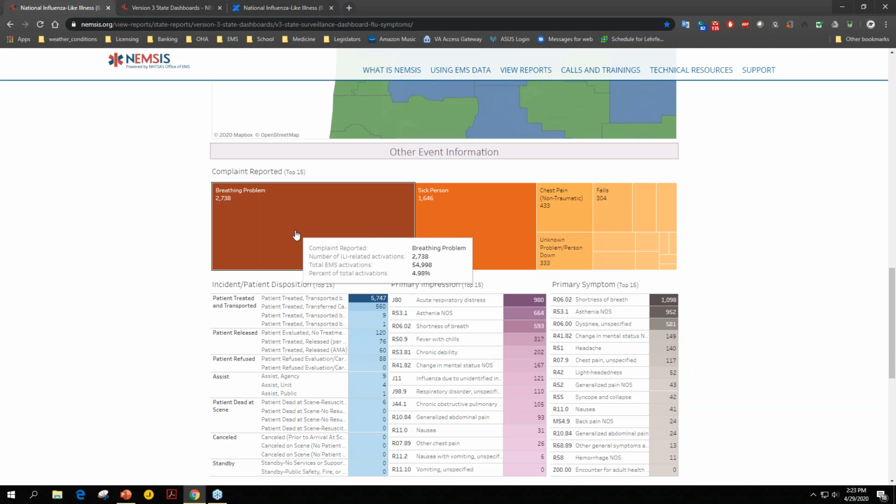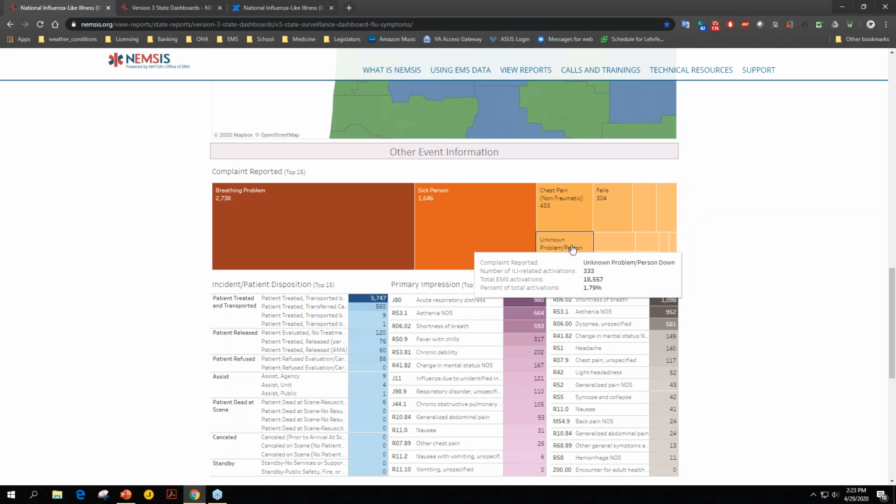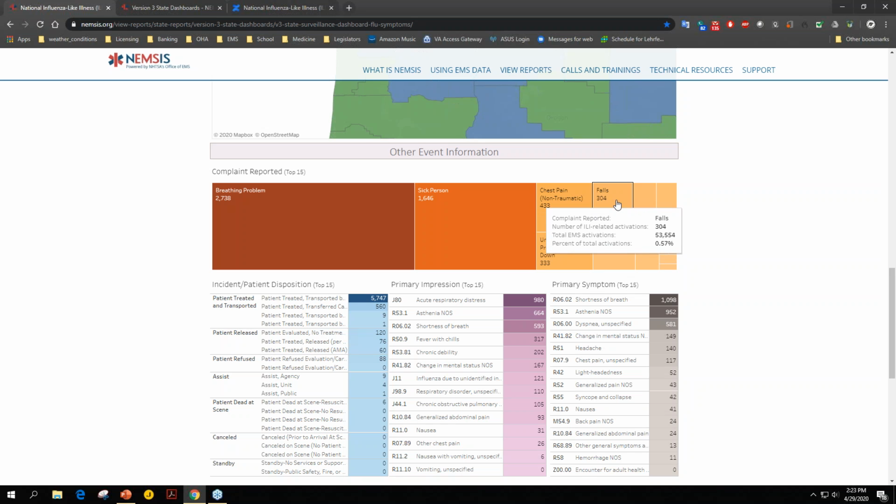We have this data here to show that the largest dispatch complaint for patients with influenza-like illness is breathing problem, and second is sick person. We've seen these trends in our EMS data as well when we correlate these with actual known tested positive cases. And then it goes on down, non-traumatic chest pain, falls.